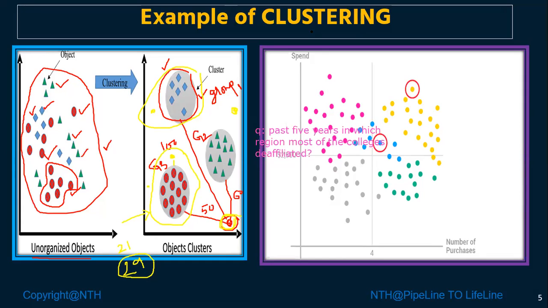Yeah. So in this region, these colleges have been de-affiliated, meaning they are not considerable. As colleges have been reduced compared with previously, we can easily say by seeing the pattern that colleges in this region have been de-affiliated the most over the past 5 years.